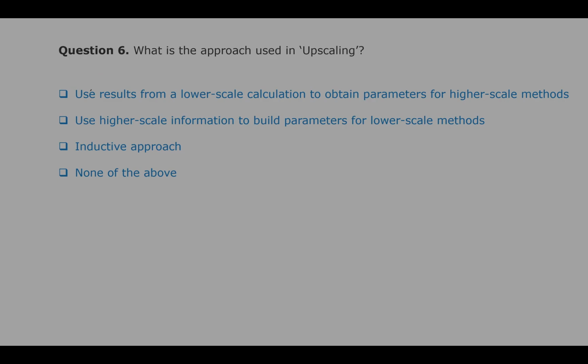What about question number 6? What is the approach used in upscaling? So upscaling, as we know by the word itself, upscaling means lower to higher. So the first option is use results from a lower scale calculation to obtain parameters for higher scale methods. So this is the correct option.